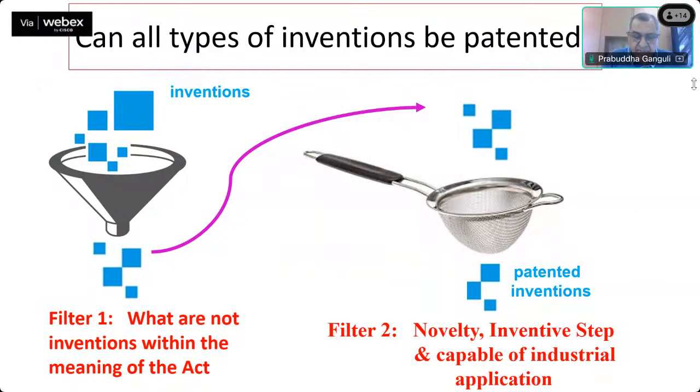Now, if you recall, yesterday we said that patents are granted for inventions, and inventions are related to functionality, to problems that relate to functionality.